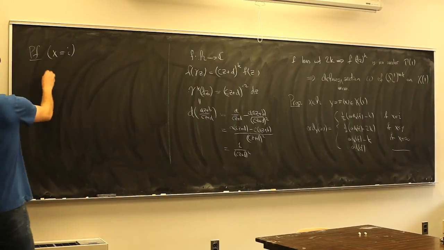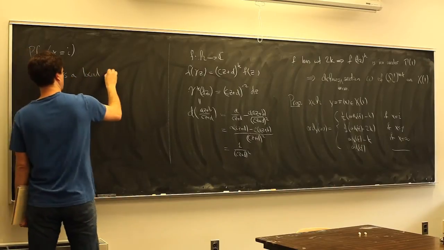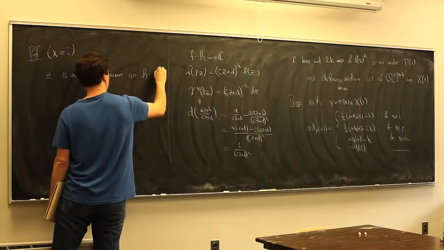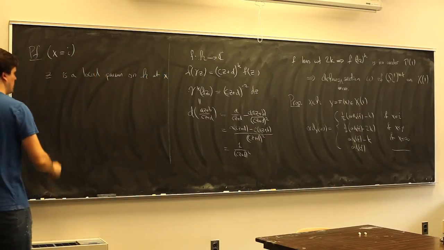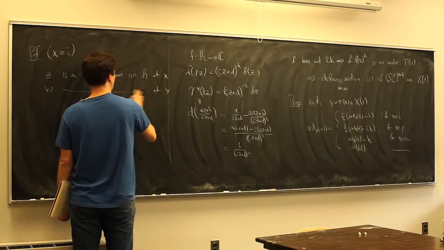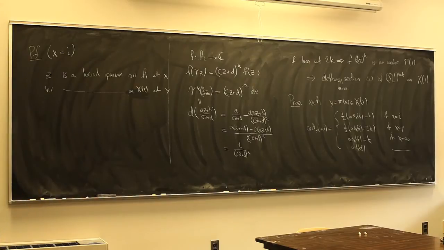All right, so let me say that z is a local parameter on H, the upper half plane, at the point x at i. And let me say that w is one at y, so on X1. So these things vanish to order 1 at these points.